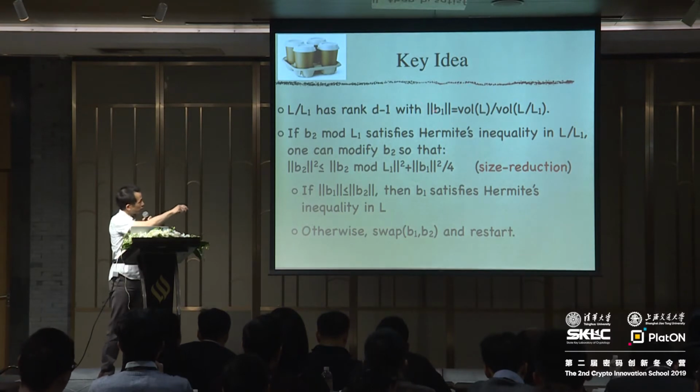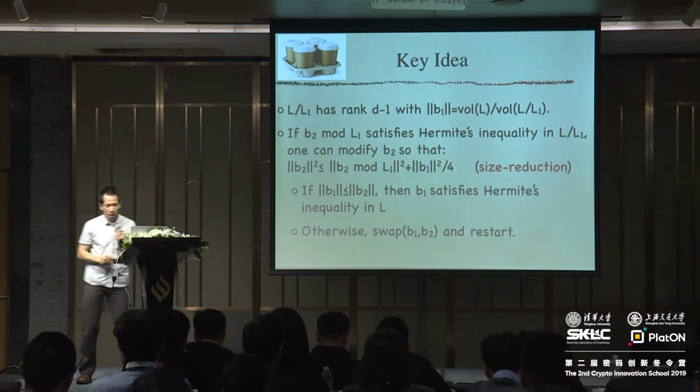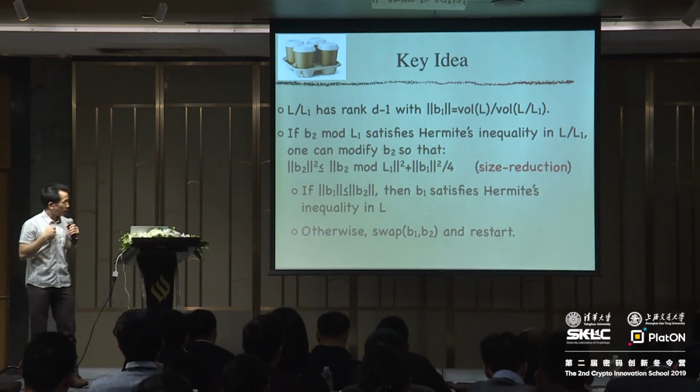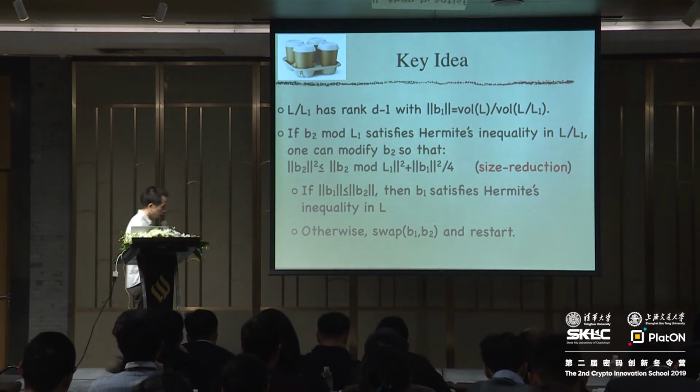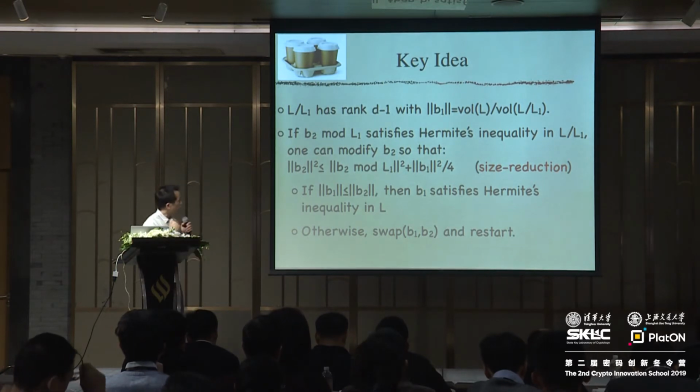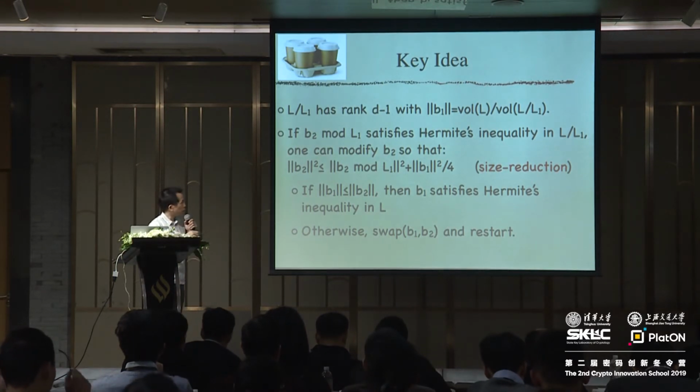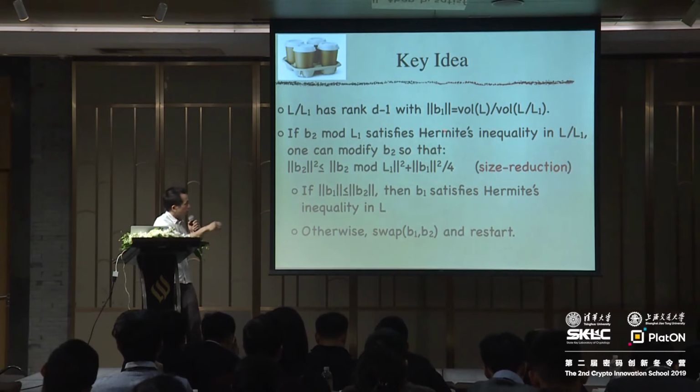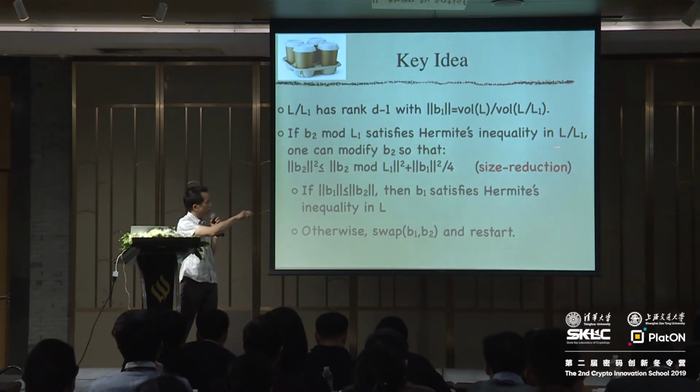And here's the relationship: the norm of b_1 is exactly the ratio of the volumes. Now imagine that by induction, you find a short vector in that quotient lattice. So you found some vector b_2 such that b_2 modulo L_1 satisfies Hermite's inequality in the quotient.